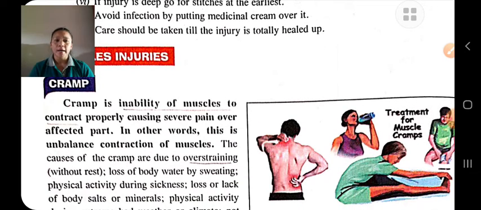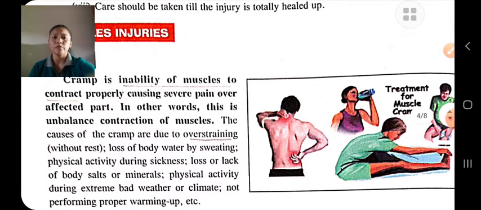The cause of cramp may be overstretching of muscles, loss of water by sweating, doing exercise without warming up, doing heavy exercise, or doing exercise in extremely bad weather or climate, etc. These are the causes of cramp.